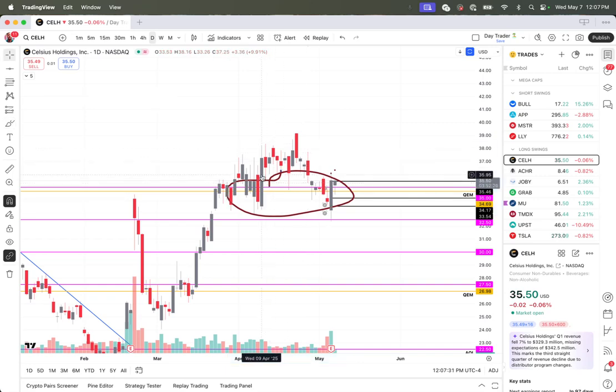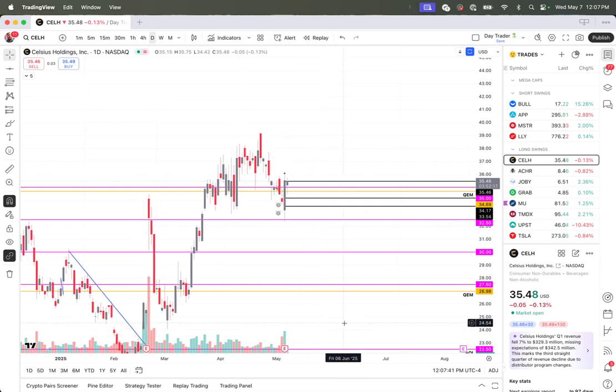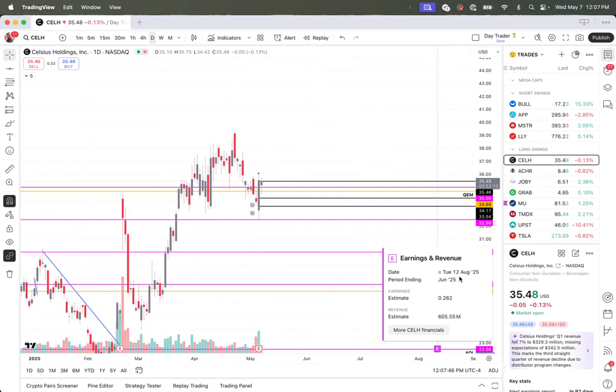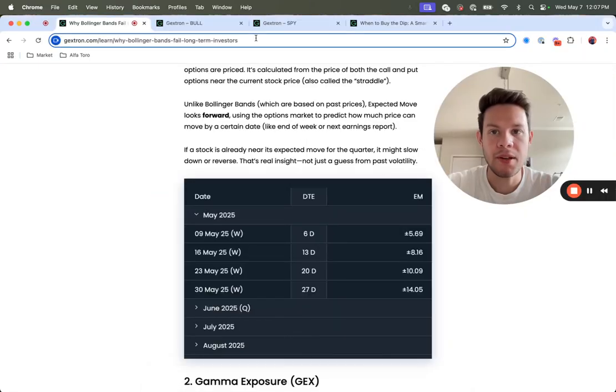So now, as a long-term investor of Celsius, I need to figure out the next quarterly expected move, and I'm going to do that right now, right here, live, so you can see. And you could do the at the money straddle method if you like. So the next earnings is August 12th. Okay, so with that said, what I'm going to do is I'm going to go to Gextron.